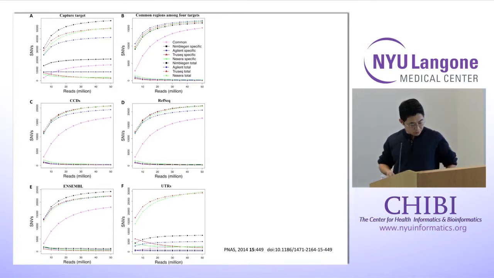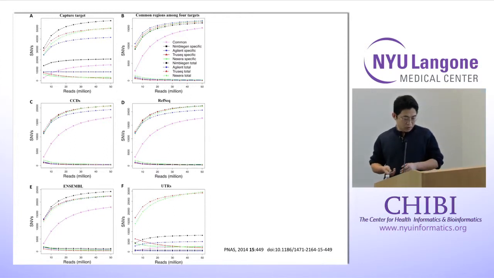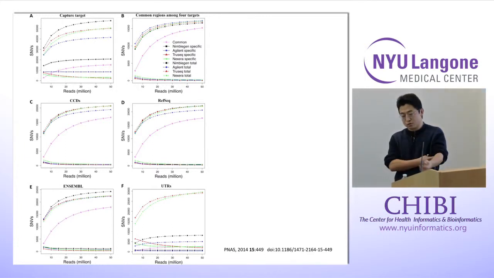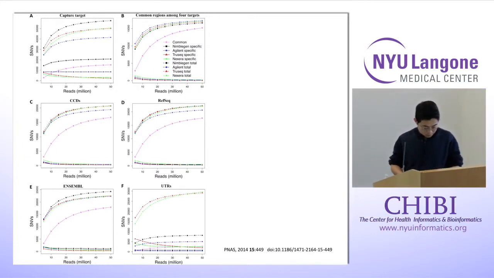With the current coverage for a single platform, there are some mutations you cannot capture for some reason. So that's a coverage issue. The different capturing technologies will have regions that the others will not capture.